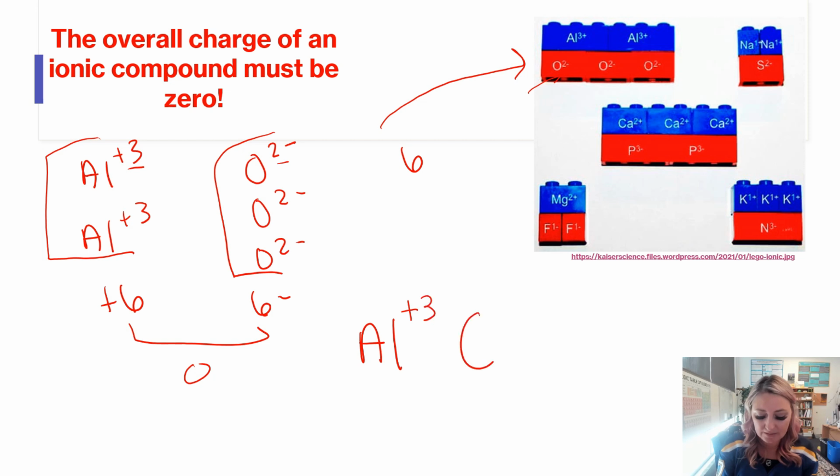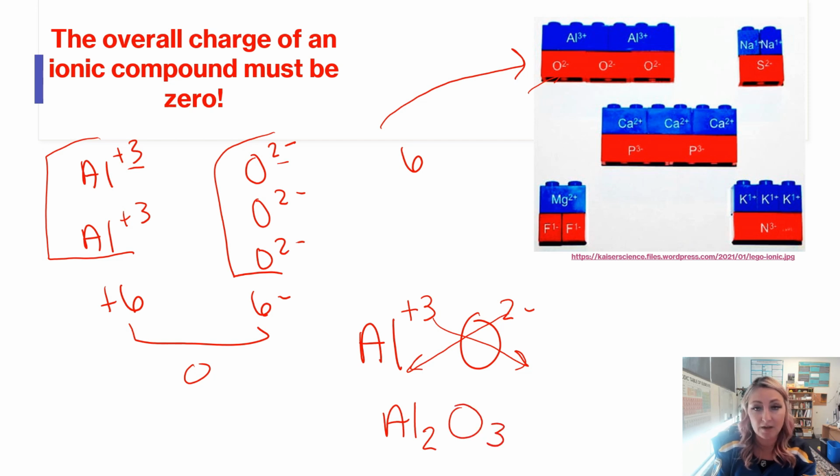Looking at this yet another way, and we're going to practice this a lot. To determine what the ratio is, we can drop and swap these as well. So we need 2 aluminums for every 3 oxygen. Mathematically, that's 2 times +3 gives me +6, and that's 3 times -2 gives me -6.